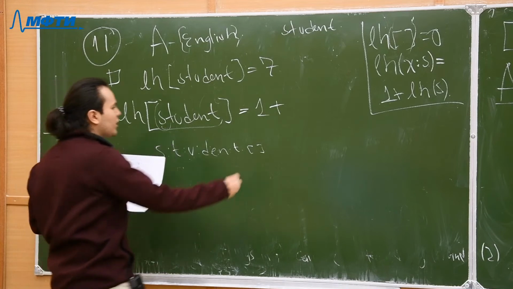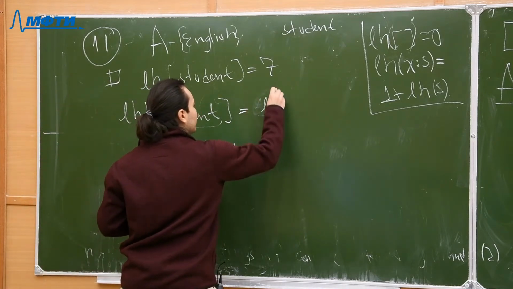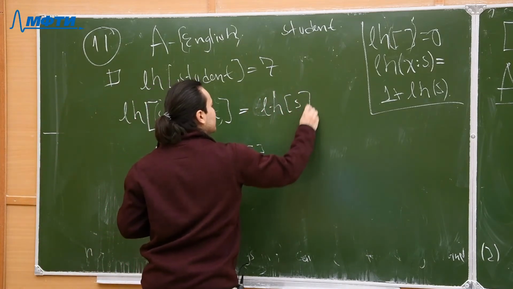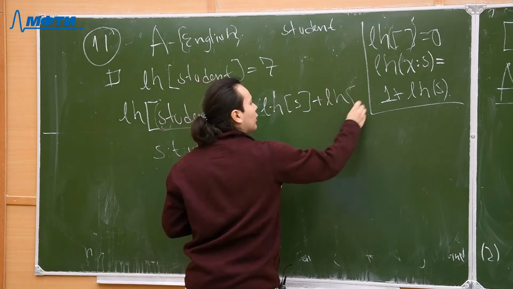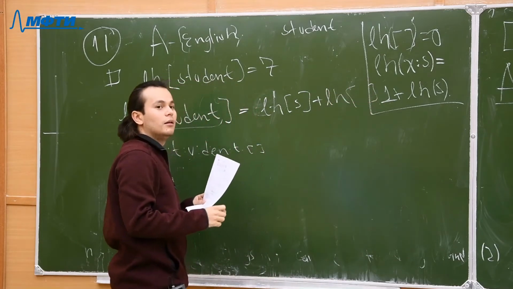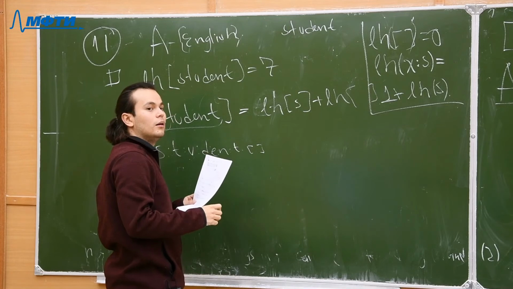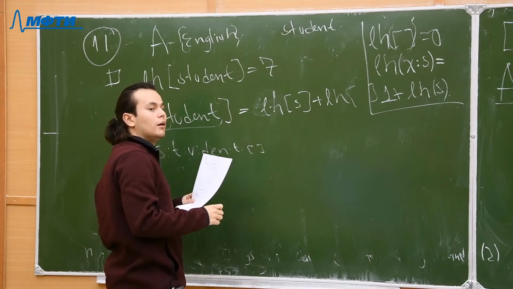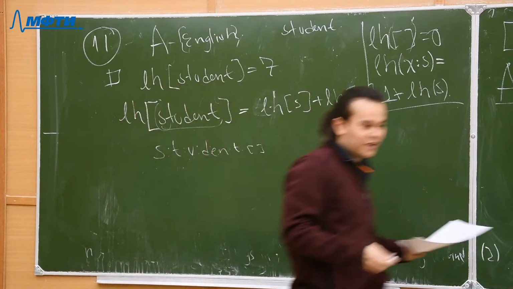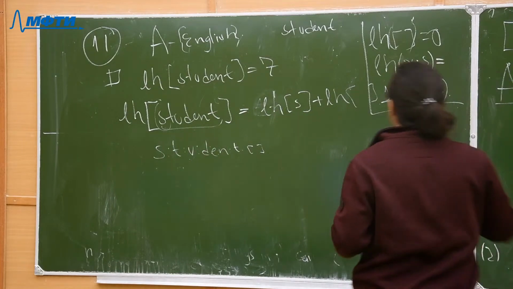So you are telling me that we can write this, the length of S plus the length? I'm not telling you that. I'm telling you that it's equal to the length of S column. Okay, yeah, that's true.